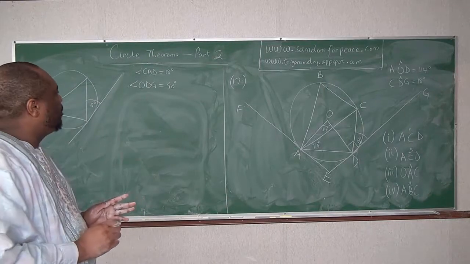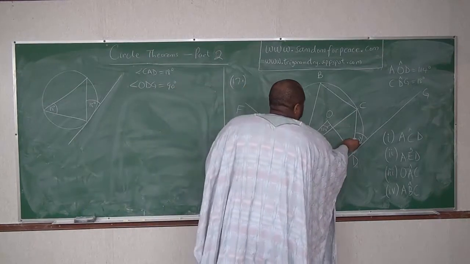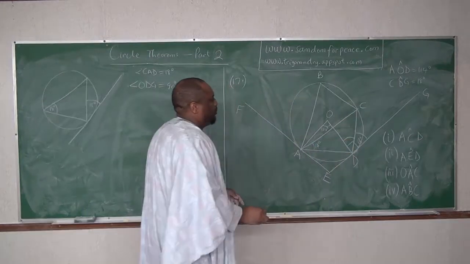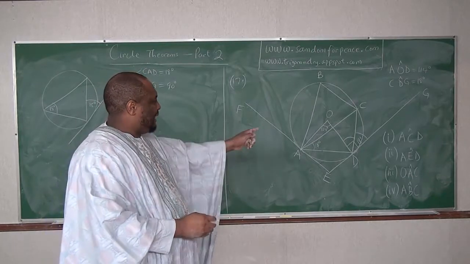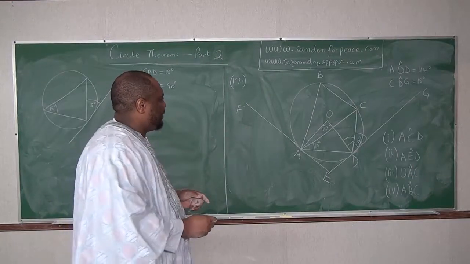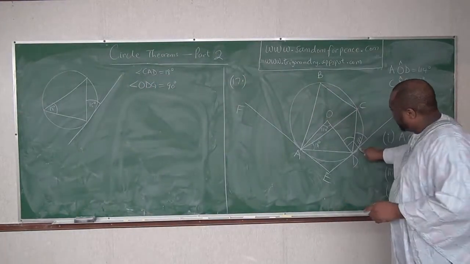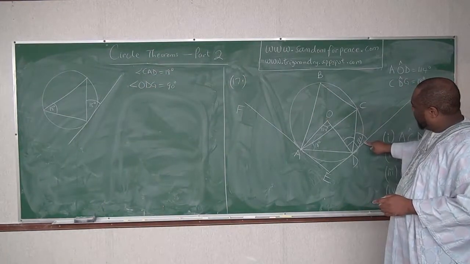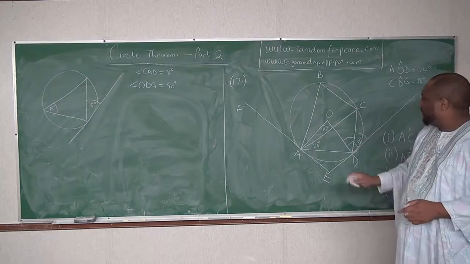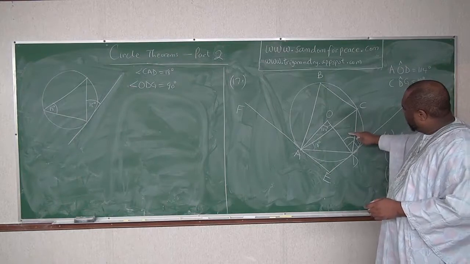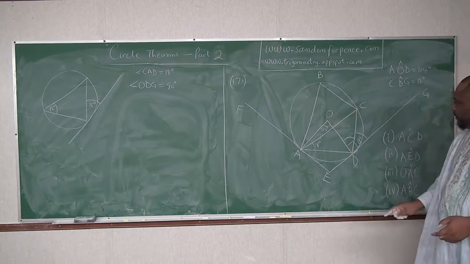So that means that we can get this angle here, which will be 90 minus 18, because the whole of here is 90 degrees. You guys understand what I'm saying?